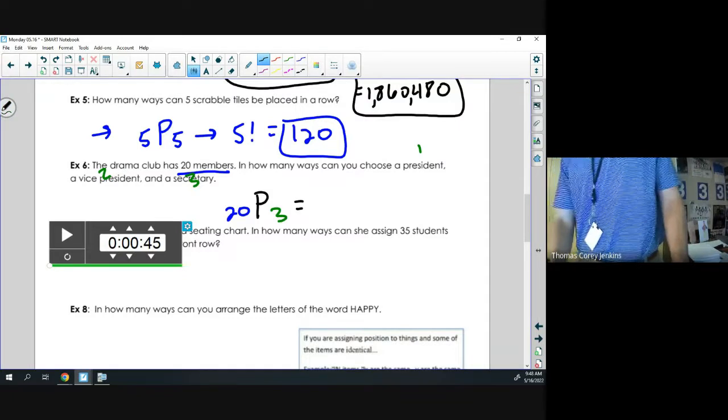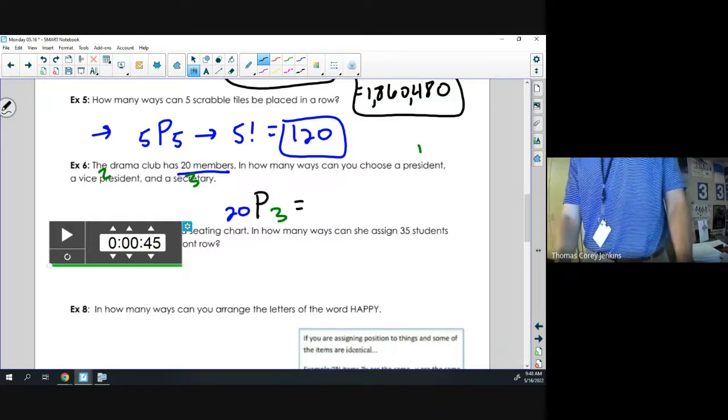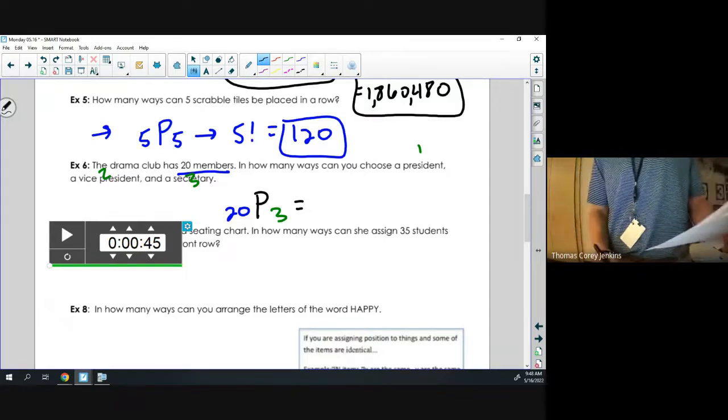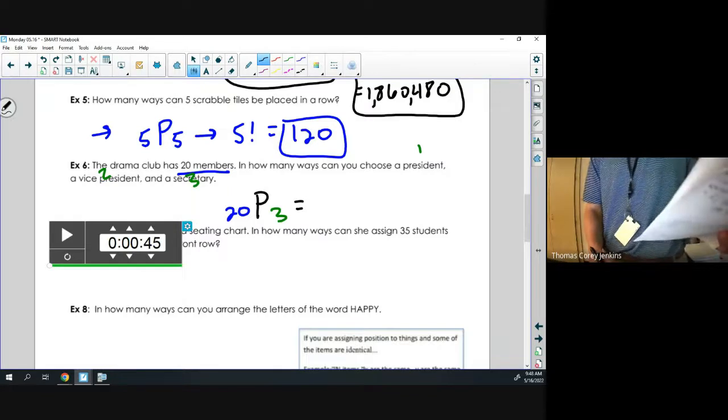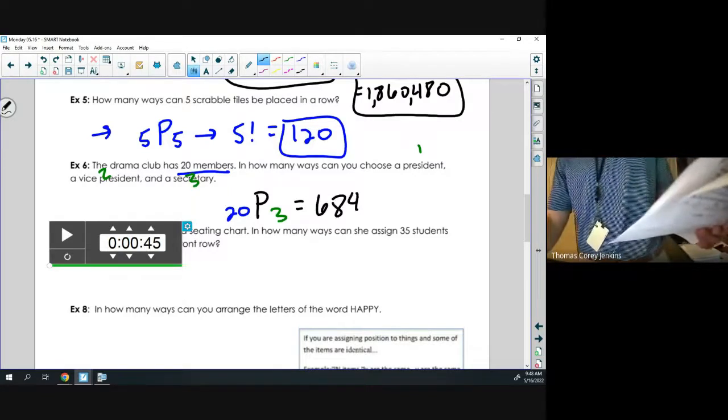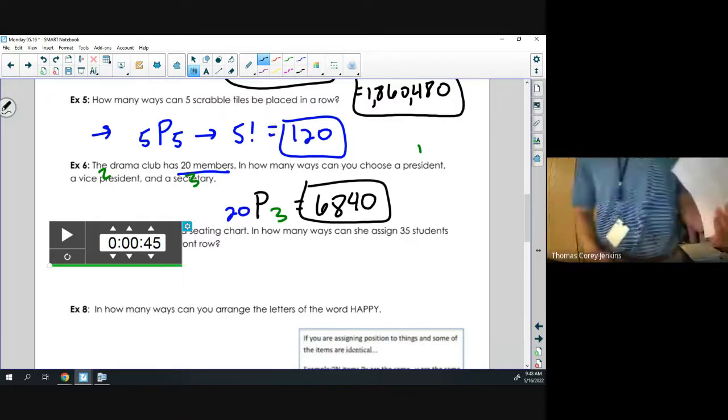Again, it would probably be just as easy to type 20 times 19 times 18 as 20P3, but either way, I'll give you a second to type it in. You should get 6,840.